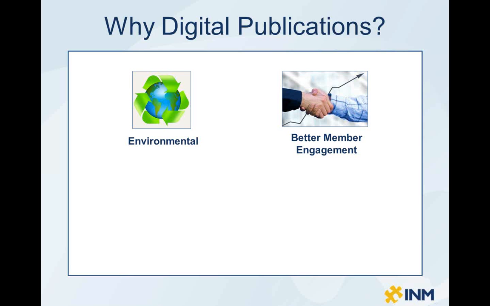For print publications offering a digital edition, reader engagement shows approximately 12 minutes more for a digital edition than for print magazines. A prime example of this is GQ magazine, which sees on average 71 minutes of engagement from its print magazine, whereas its digital edition is around 83 minutes.